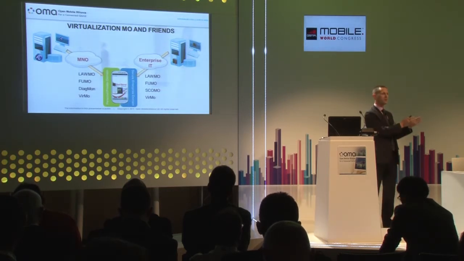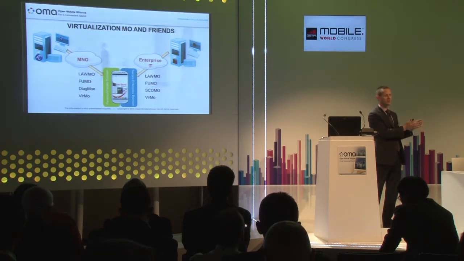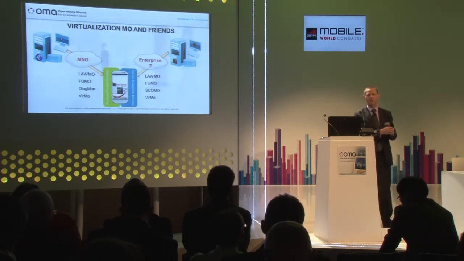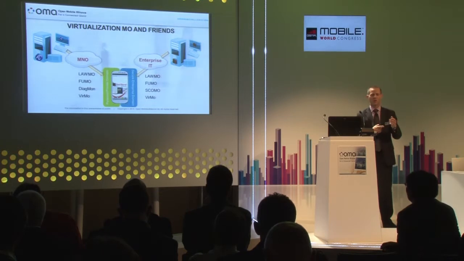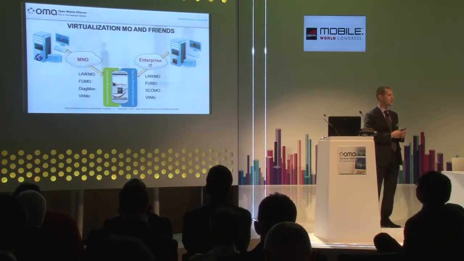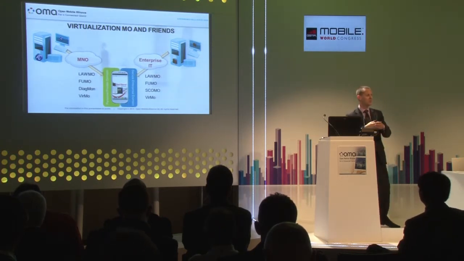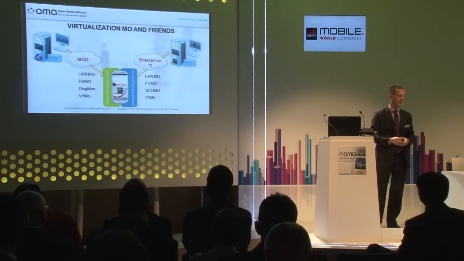And in parallel, on the subscriber side, the operator side, we'll be able to do lock and wipe services, firmware updates for the operating system, diagnostics and monitoring if required, and, as I mentioned beforehand, the virtualization MO to enable the service of deploying and managing enterprise Androids, enterprise domains.